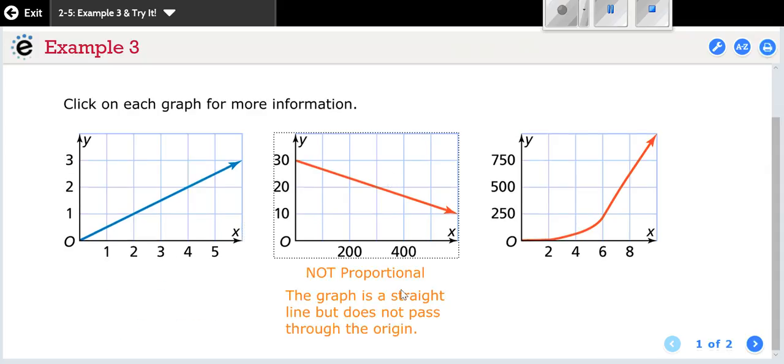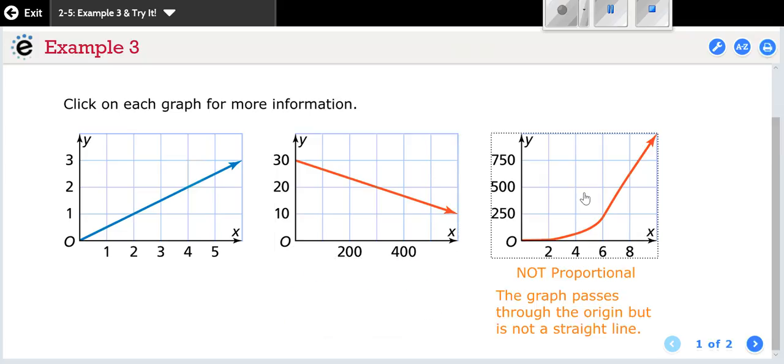All right. Then the second one, we would say is not proportional. Yes, it is a straight line, but because it doesn't go through 0, 0, it doesn't qualify as proportional. And finally, our third example, not proportional. In this case, it does start at the origin, 0, 0, but as you can see, it's not a straight line.